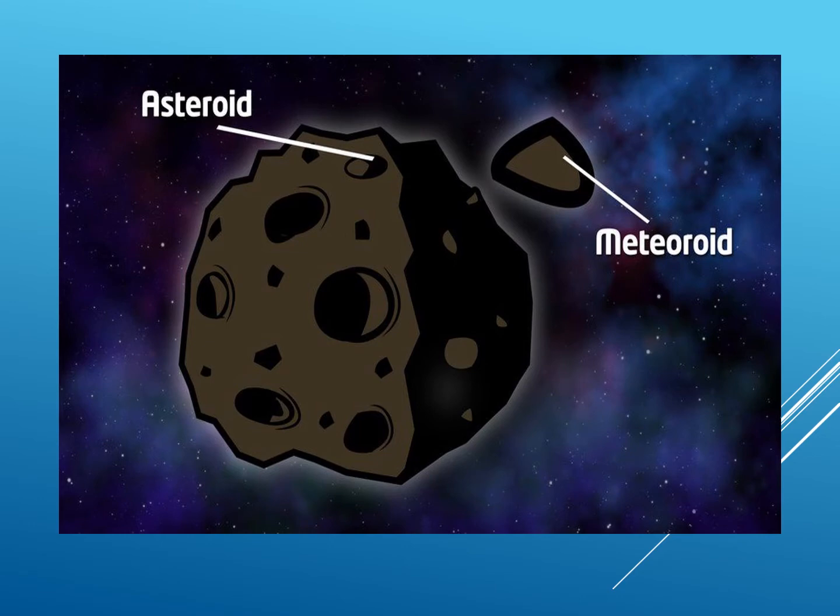Mostly the meteoroid is the one that enters the Earth's atmosphere, and they are smaller than the asteroid. Asteroids are very big, and most of them are in the asteroid belt.